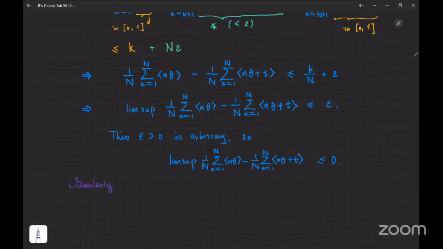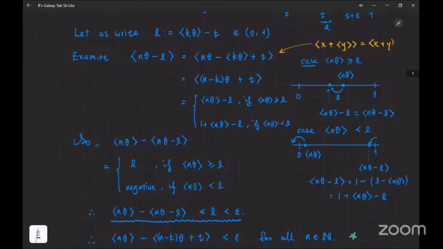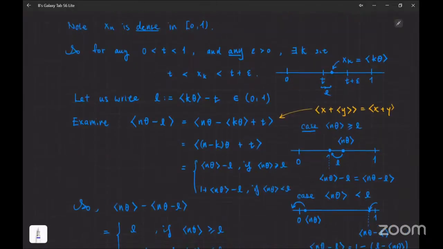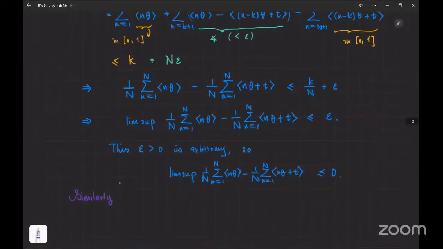what we're going to do is something similar: pick, for any epsilon greater than 0, and t in (0, 1), well, we'll use xk again.